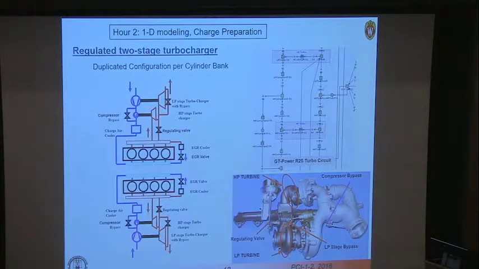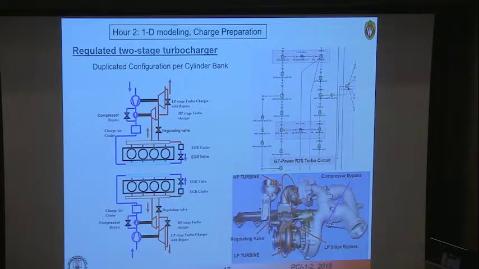So here's another example of an even more complicated arrangement. Here you have an 8-cylinder engine, like a V8. Here's your 4-cylinder bank. We have, in this case, 2 turbines using the exhaust energy to drive a high-pressure turbine and a low-pressure turbine, which in turn drive the low-pressure compressor and high-pressure compressor.